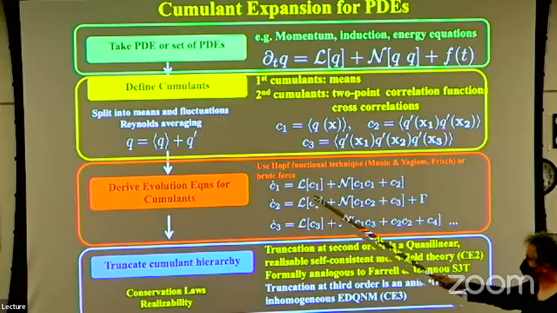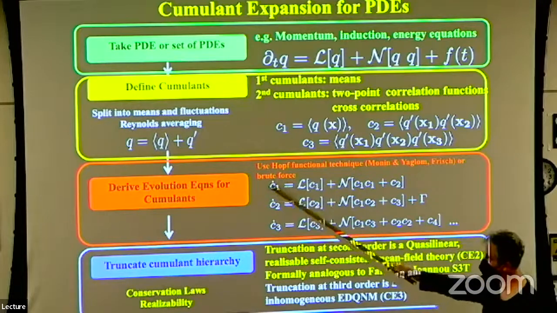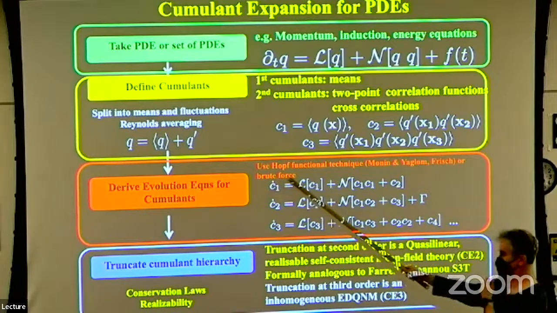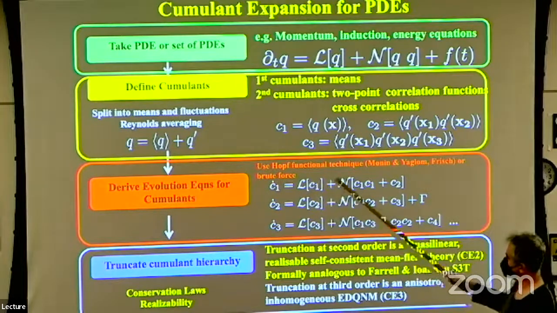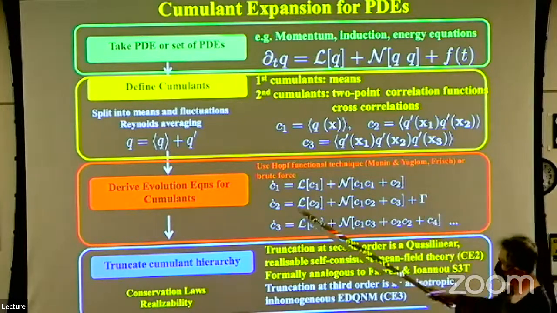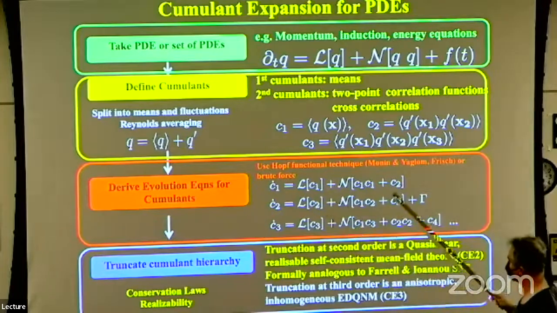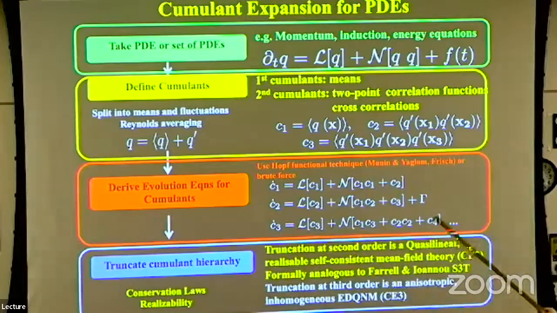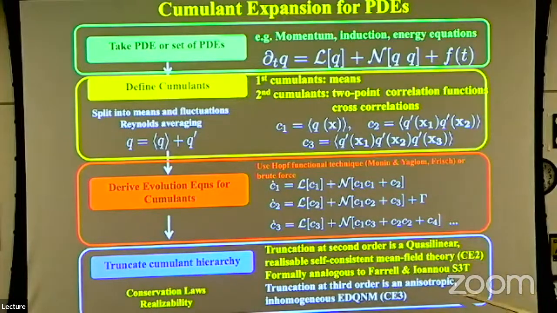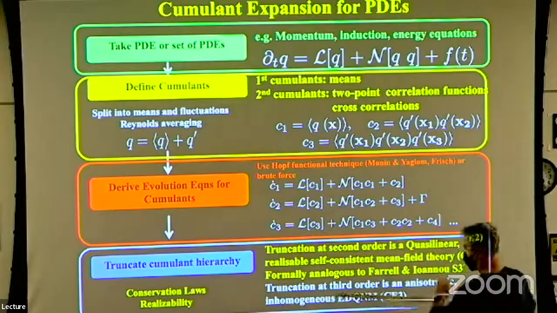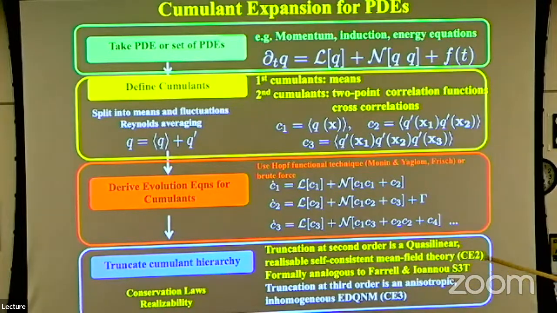And we derive schematically a set of PDEs for the cumulants that look like this. I don't want to labor the point, but C1 dot is linear in C1, but I need C2. C2 dot is linear in C2, but I need C3, etc. So as I put here, if I truncate at second order, meaning I set C3 equal to 0, this is a quasi-linear, realizable, self-consistent mean field theory, which we call CE2.